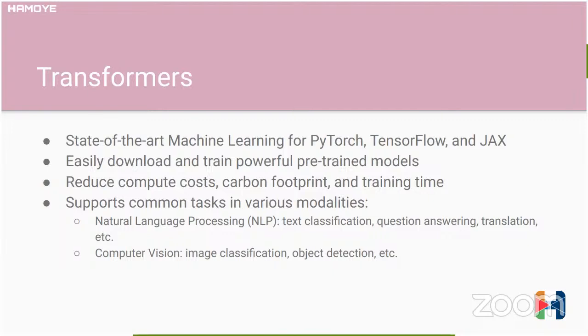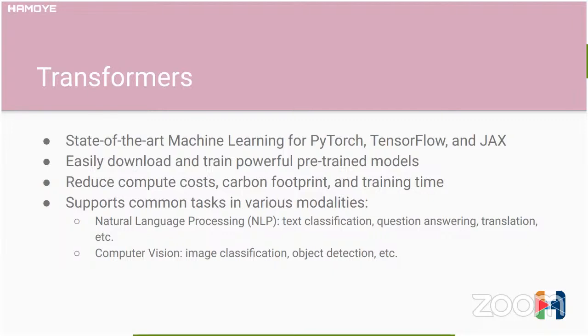It also helps to reduce compute costs, because they have found a way to optimize the way we train models. The authors of the Hugging Face library found a way to optimize the model training and also the model storage. There's something about the carbon footprint.